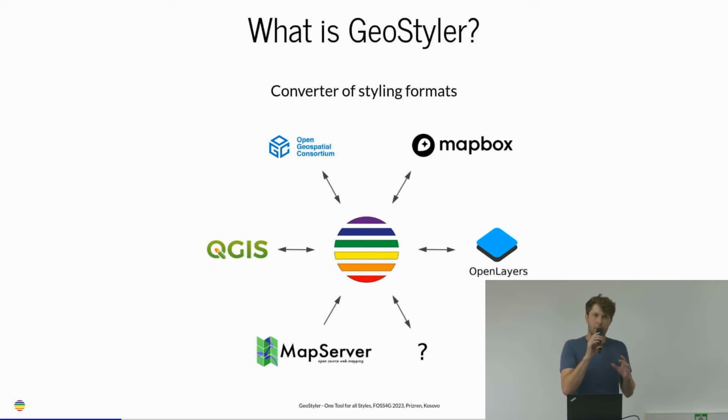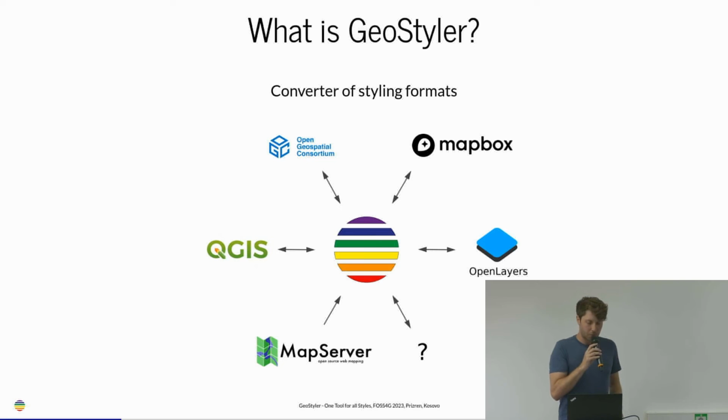So we said, okay, it might be easier to create our own styling format, which is not intended to be a new standard or anything. It's more seen as an interchange format between the different, let's say, official styling formats.